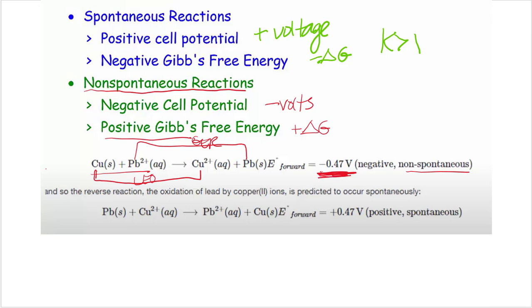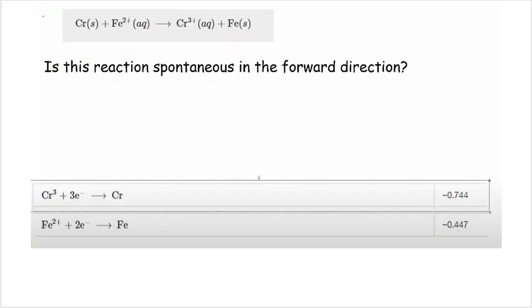But if I flip this around, so my lead going from a 0 to a 2 plus, my lead is now being oxidized. And my copper is being reduced, so that's the GER. Then my cathode and anode are reversed, and we get that positive voltage, which is telling me that it is spontaneous.